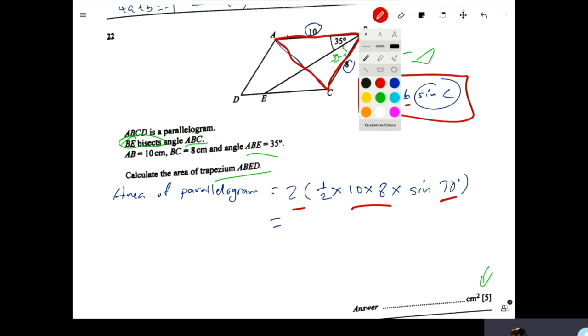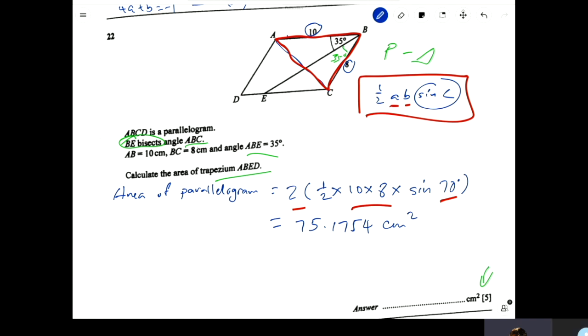So if I take 2 times of that and input it in the calculator, we should get 75.1754 cm squared. Is this alright? Yeah. Okay.